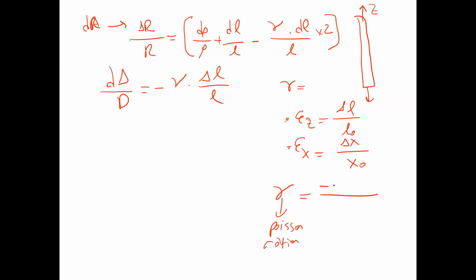This is minus because it never gets longer. It shrinks. This is the reason why we write down here minus epsilon x over epsilon z, also epsilon y over epsilon z. Instead of this one, I could write down here minus Poisson ratio times delta L over L.